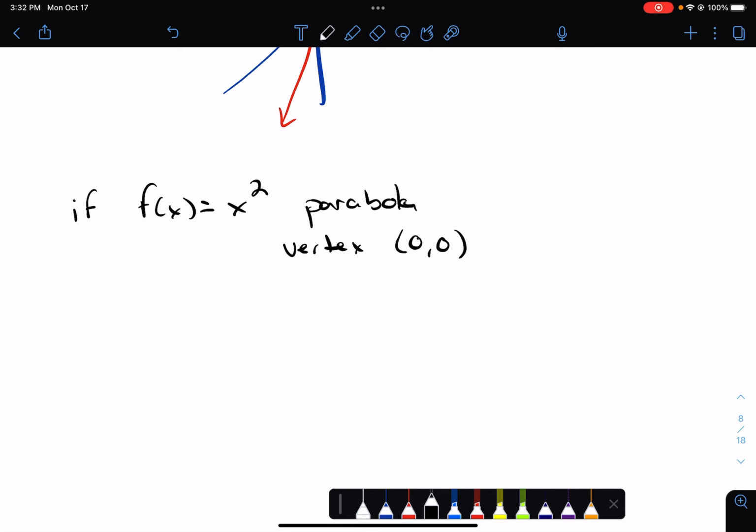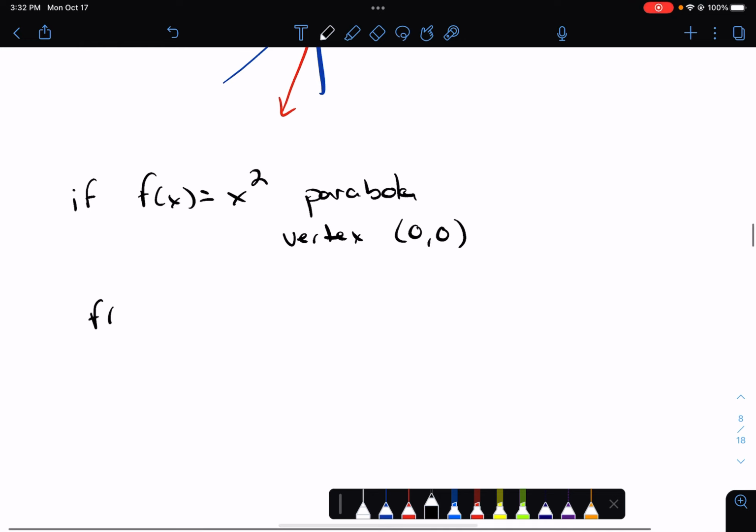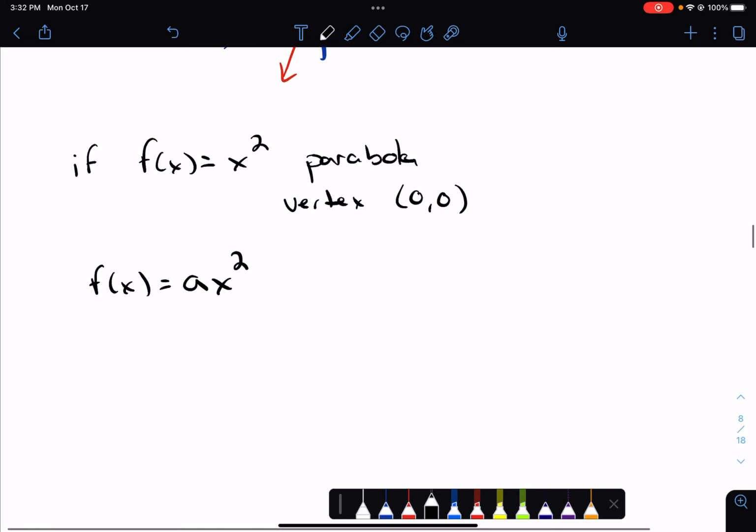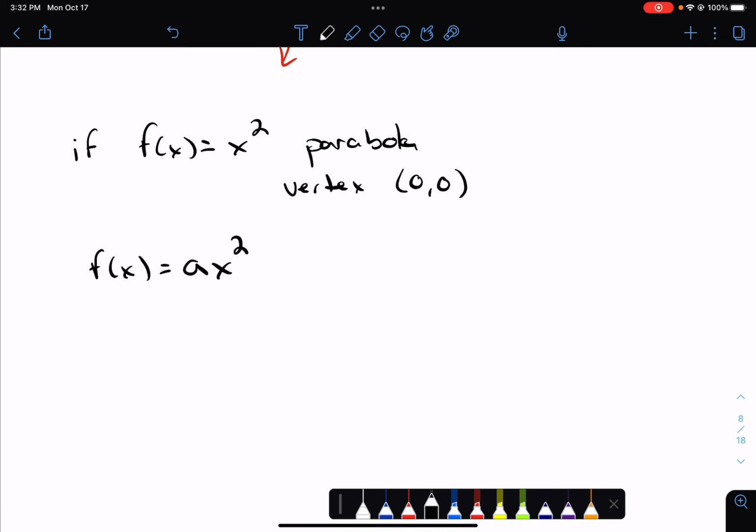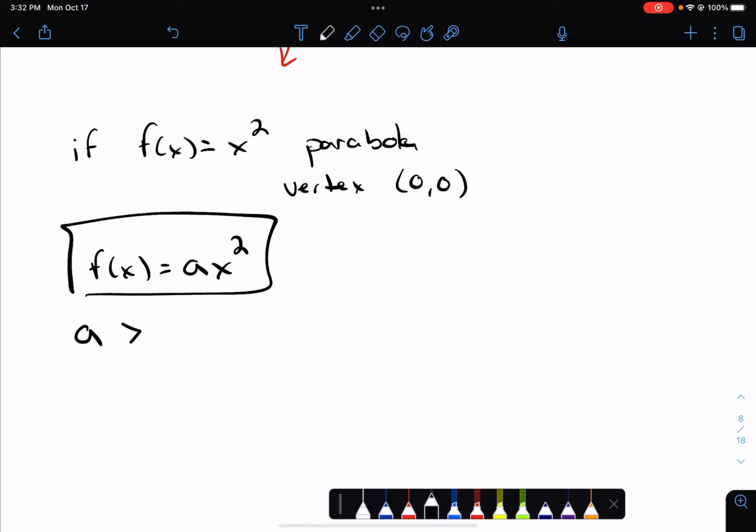It has that regular U-shaped slope, right? So now what happens if I have f of x equals ax squared? Well, it kind of depends on what a is. So put this in your notes. If a is a number bigger than 1, like 2 or 3 or 4, it changes, in quotes, my slope.